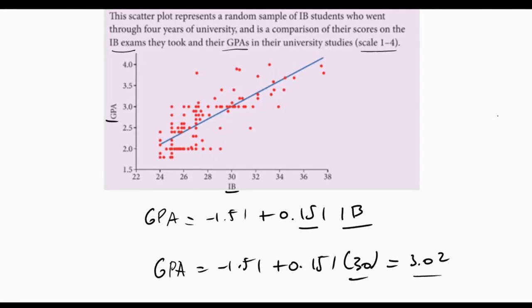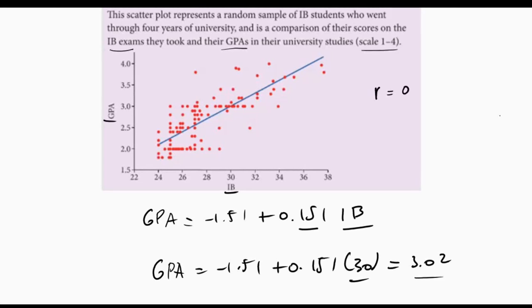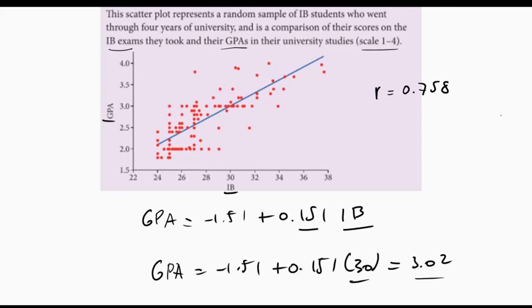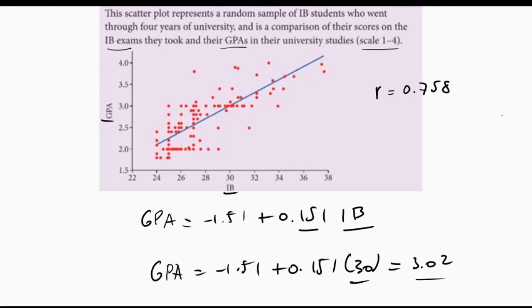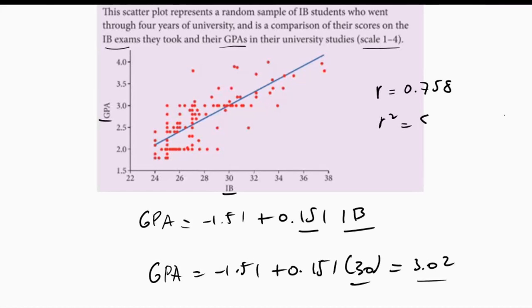Now, the correlation coefficient that they give us in this example says that r is equal to 0.758. So this is relatively strong because it's kind of close to 1. They also give us the r squared, and in this case, it's 57.5%.